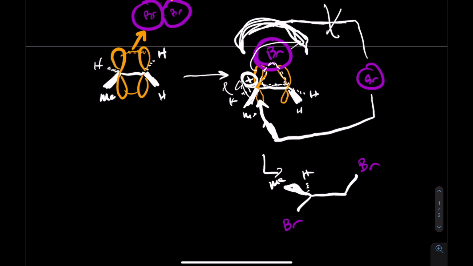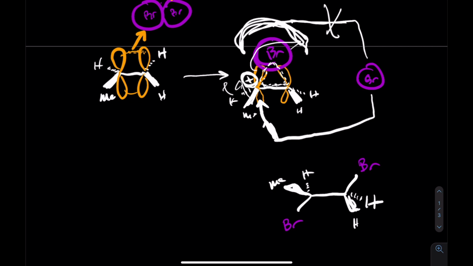Then the other side doesn't really change. There's still a hydrogen coming out towards you and a hydrogen going away. And so that is essentially how you end up with the stereo and regioselectivity of a halide addition. And that's true enough for pretty much every halogen, that you end up with this anti-addition of two halogens.